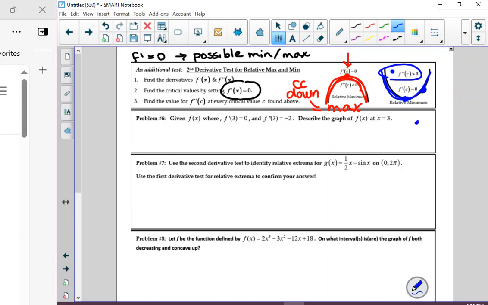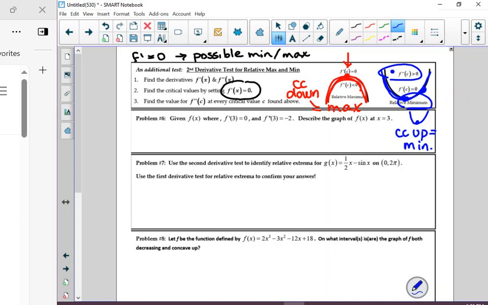Well, if we have a point and concave upness around that point, it automatically has to be a min. So concave up around a critical value for f prime gives you a min. I don't know that that's intuitive unless you stop and think about the f prime value being a peak or a valley, and then having the curvature around it.